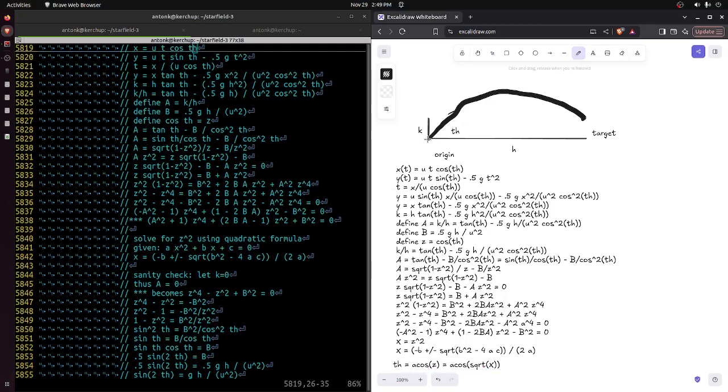So you can have two trajectories, right? You can have one which uses the smallest possible theta, and then you can have another one which goes way up here, but also hits the same target. And as you move further away from the origin, both of these solutions are going to become 45 degrees, until at some point beyond that you won't be able to reach the target no matter what theta you use.